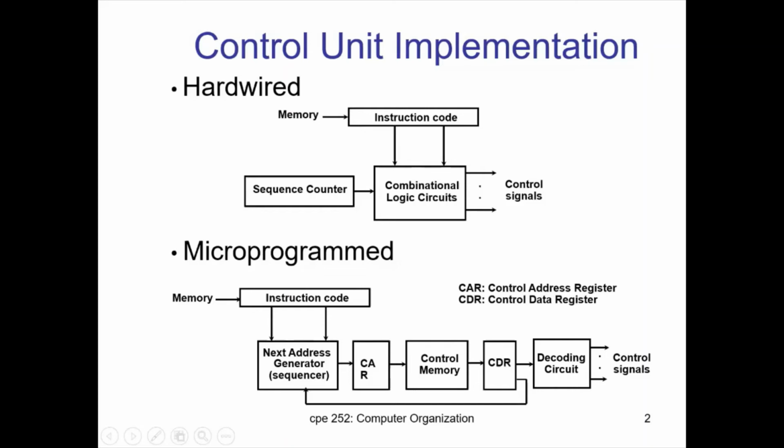Another part is the sequence counter, which executes the data one by one in a combinational logic circuit such as AND or NOT gates, via the control signals. This is called hardware. Another part is storing the information into chips, VLSI, very large scale integration. These are very good examples of a microprogrammed control unit.